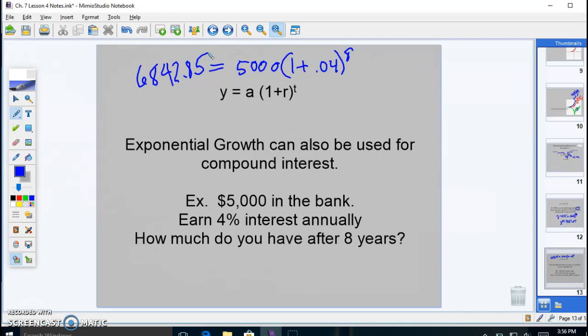So at 4% interest in 8 years, you can really earn quite a bit more money than what you started with. So this is simply just making sure that you know that A is your initial amount, R is the percent, the rate, change it to a decimal, and T is your time. Then follow your order of operations and simplify the expression.